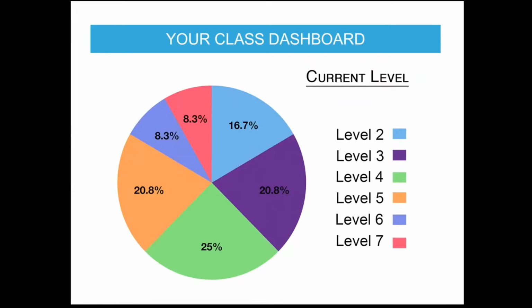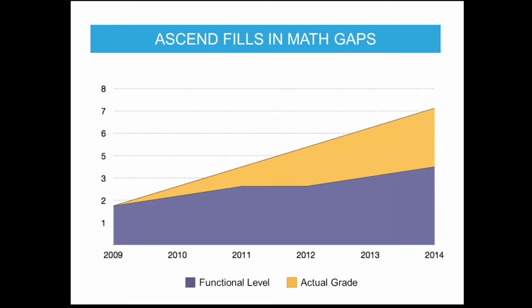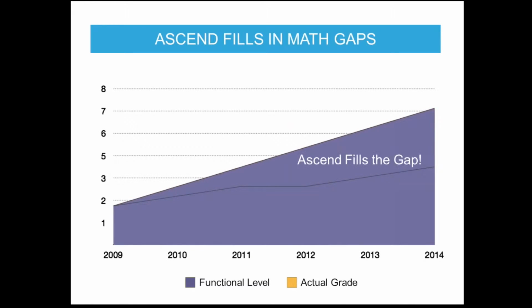This is what a dashboard for a teacher would look like on such a class, provided that this is a 7th grade level class. What Ascend Math does is it fills in the gaps by addressing the lowest grade level gaps behind grade level.